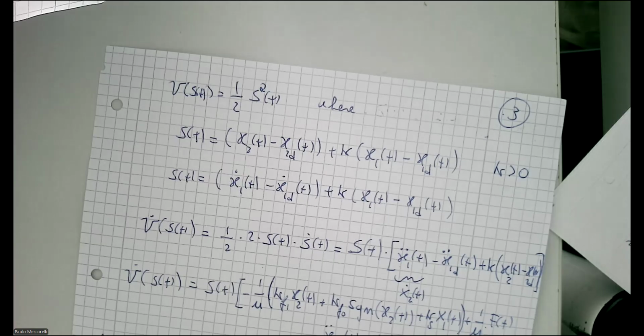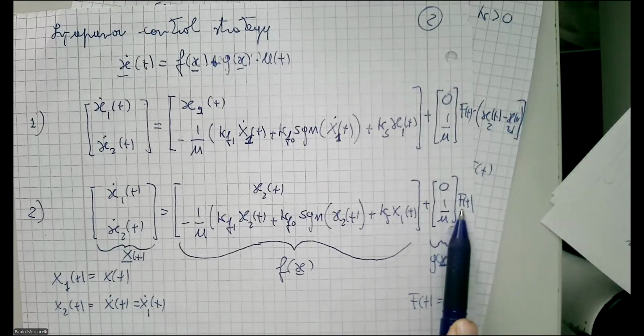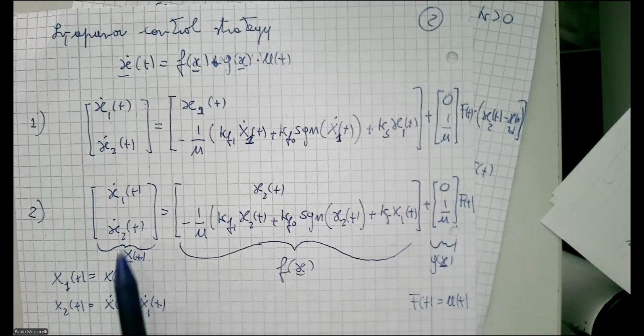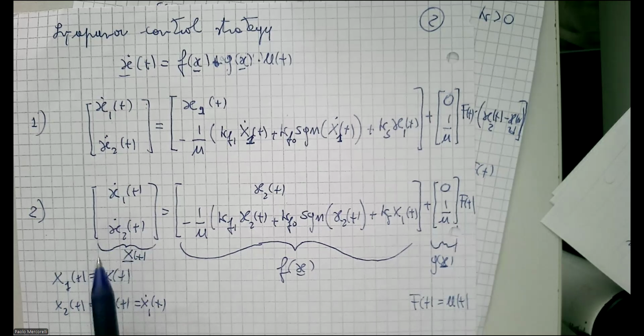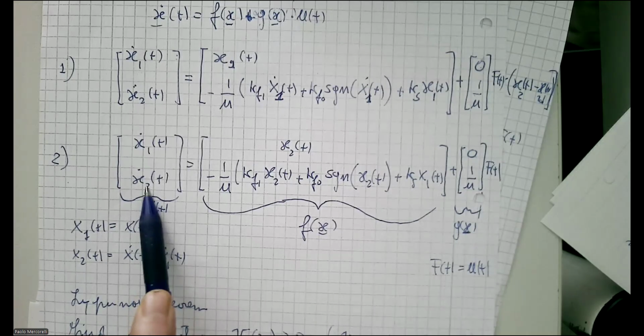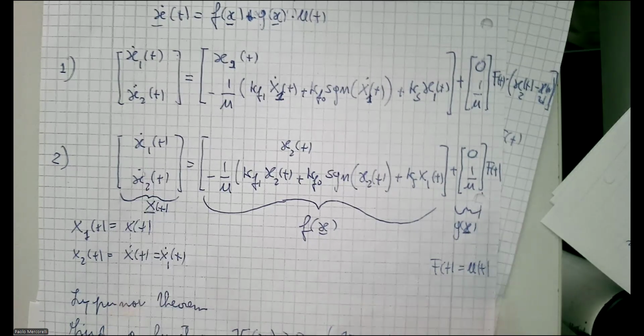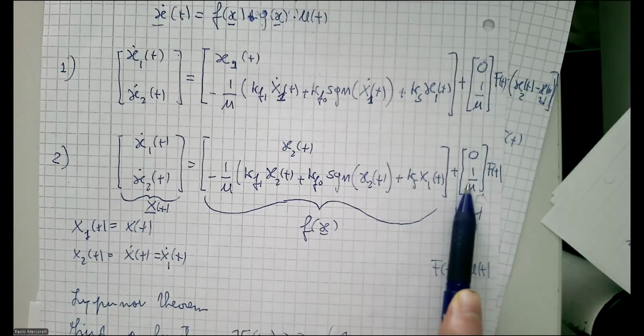In this sense, let me clarify, because sometimes I speak without looking. Between x2 and f, the relative degree is 1, because if I take the derivative of x2 once, I have f of t directly in the equation.